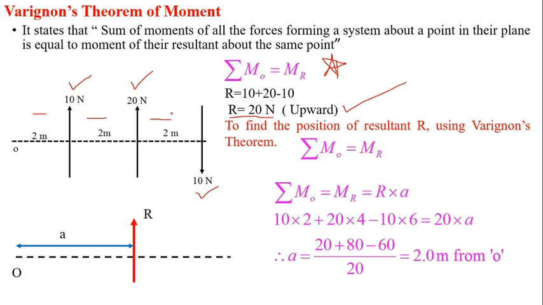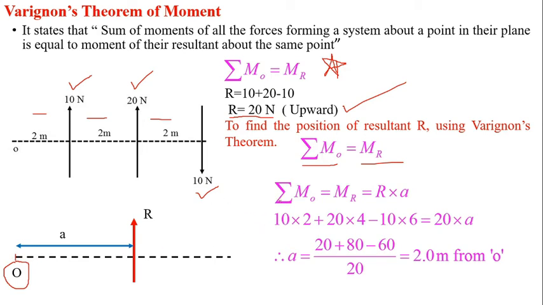So to decide the position, let us use Varignon's theorem of moment. Here I am writing the equation: summation M about point O is equal to the moment of the resultant about the same point. Here I will assume that the resultant is acting somewhere here at a distance a from point O, a well-defined point.